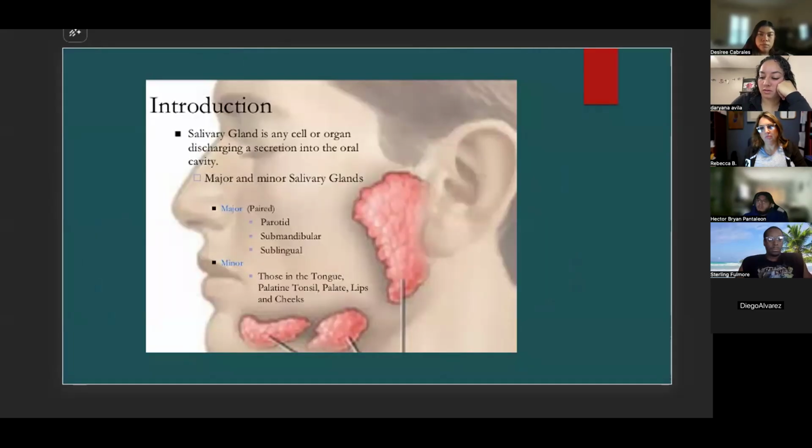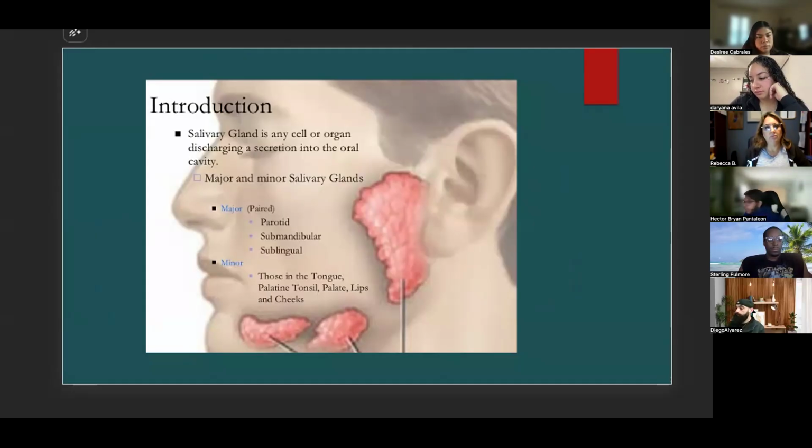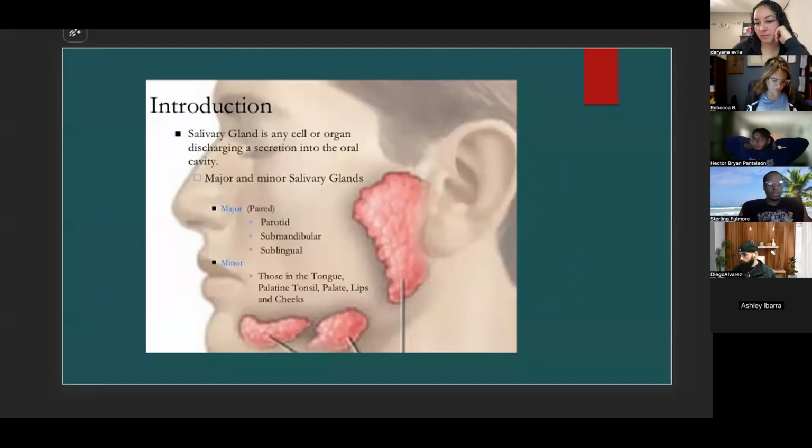Introduction. The salivary gland is a cell or organ that creates saliva secretion for the oral cavity. There are major and minor salivary glands. Major is the parotid, submandibular, sublingual. Minor would be the ones in the tongue, the palate, the lips, and the cheeks.